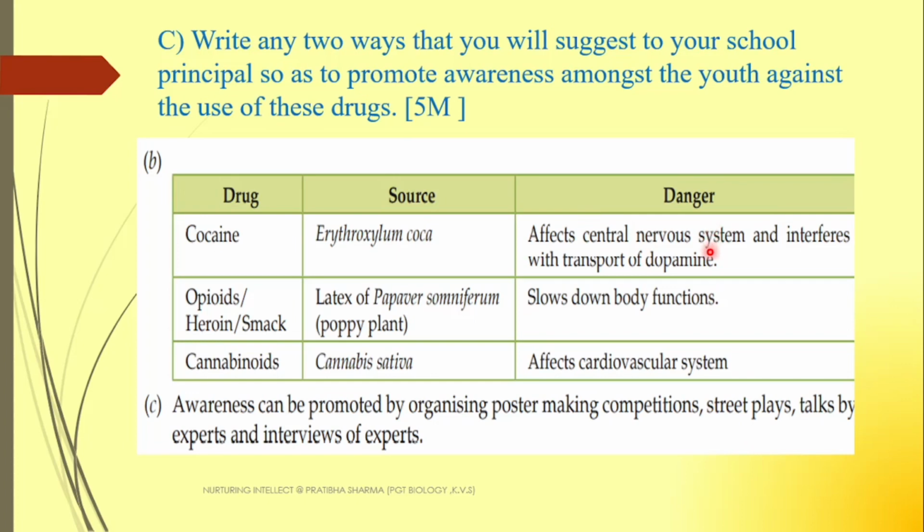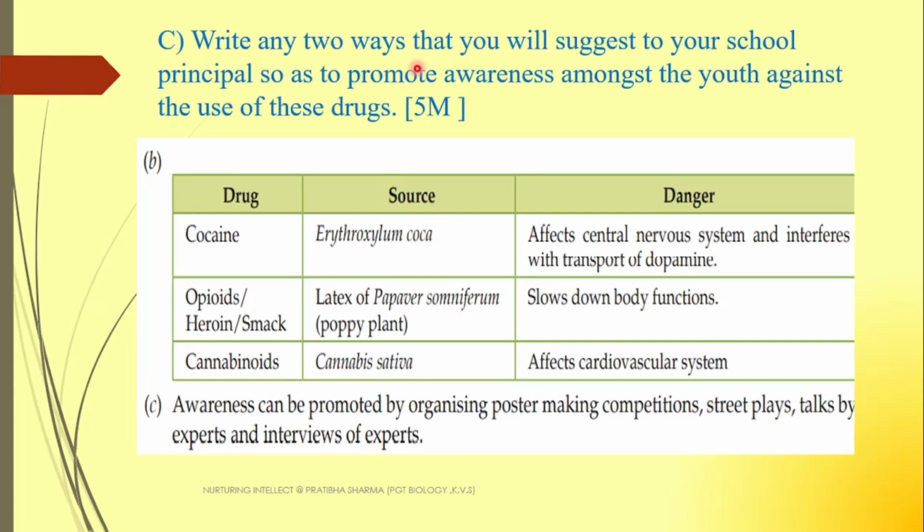It affects the central nervous system and interferes with the transport of dopamine. Second drug, opioid, heroin or smack, from the latex of Papaver somniferum, slows down body function. Or you can write cannabinoids, from Cannabis sativa, which affects the cardiovascular system. So any two you can write: drug, source and its effect.